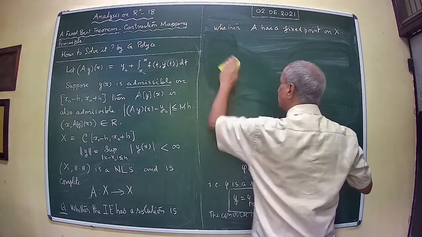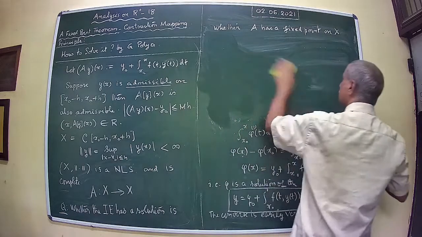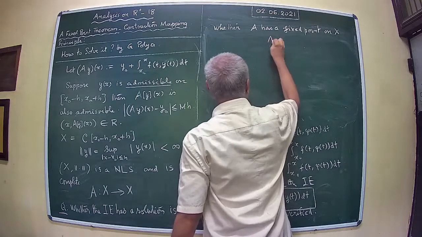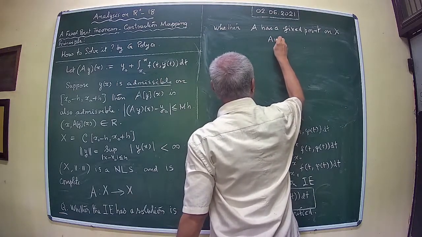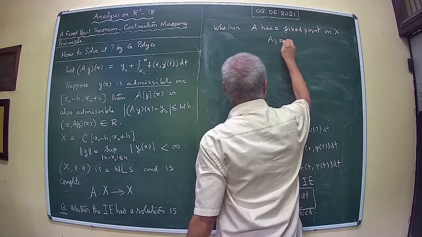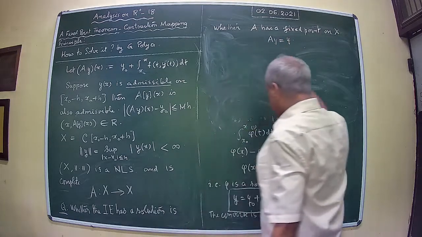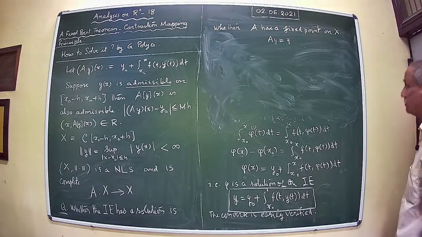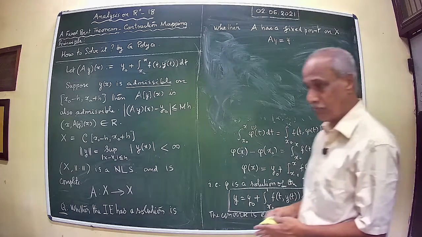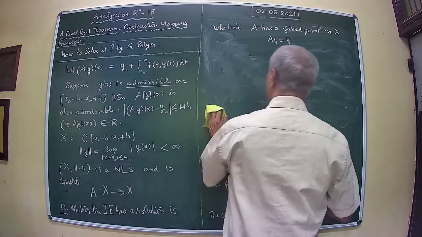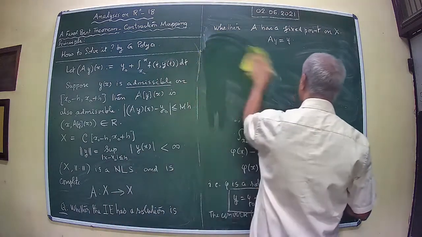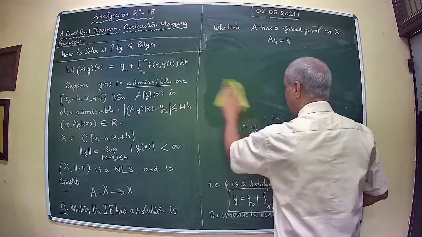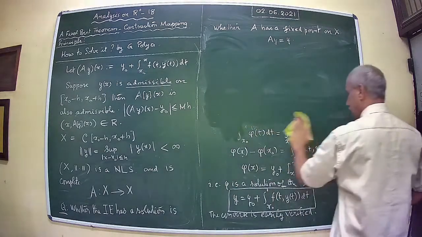See, the Picard's approximation is the answer, because Ax equal to Ay equal to y means this transforms into this equation, and that assures everything. Okay, so y is defined on the interval mod x minus x naught less than or equal to h, y of x naught equal to y naught, and y satisfies the differential equation.